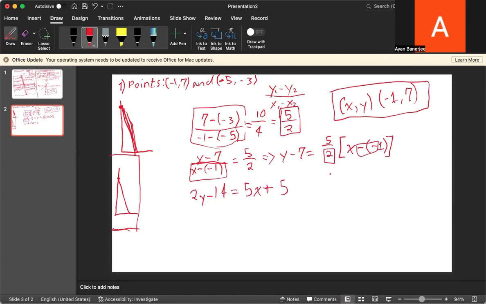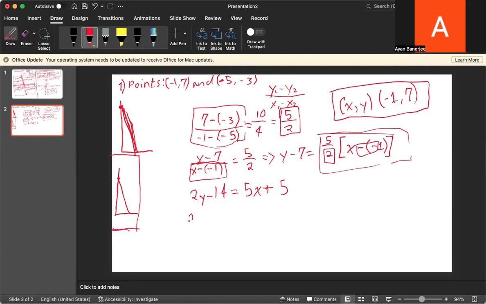So we ended up with the point-slope form over here. And now we're going to convert this whole thing into the standard form. So we're going to have to take all of this into one side.